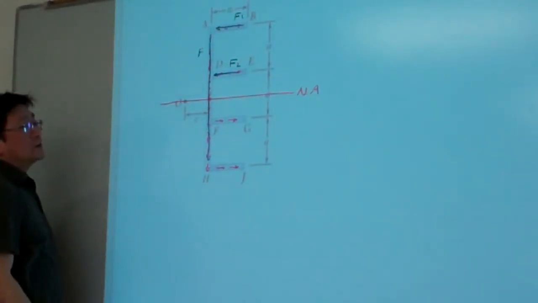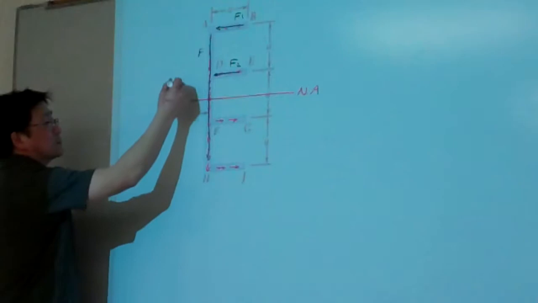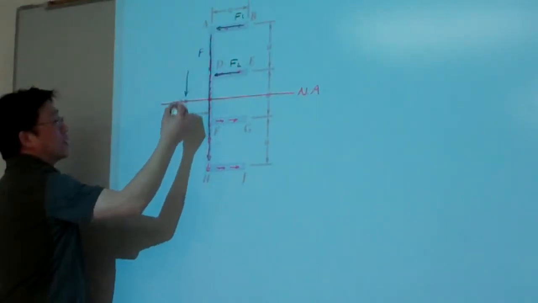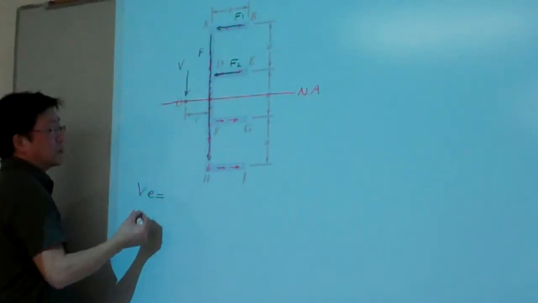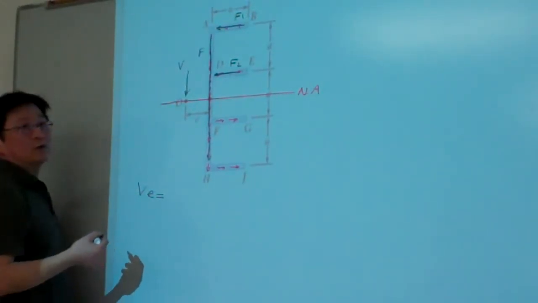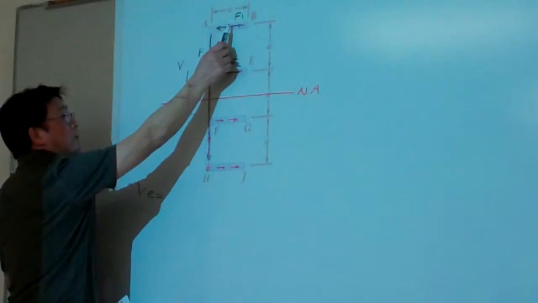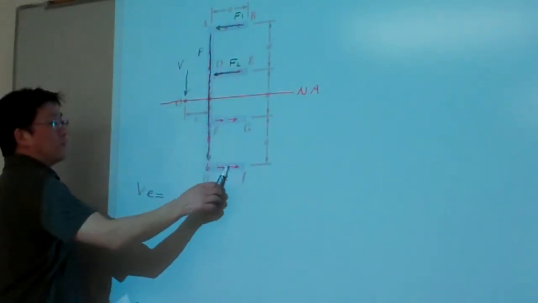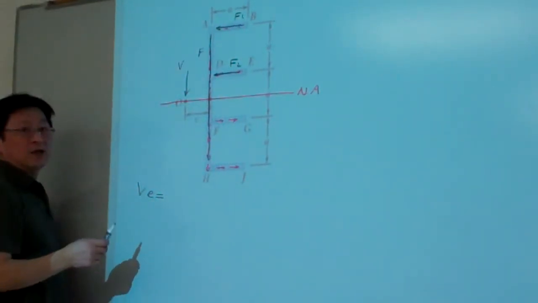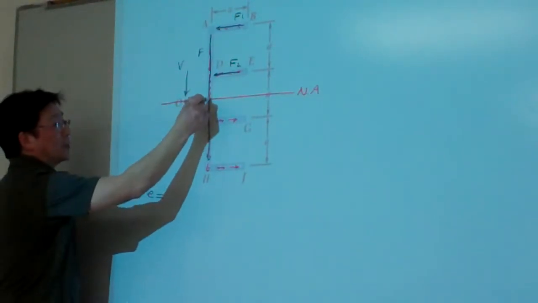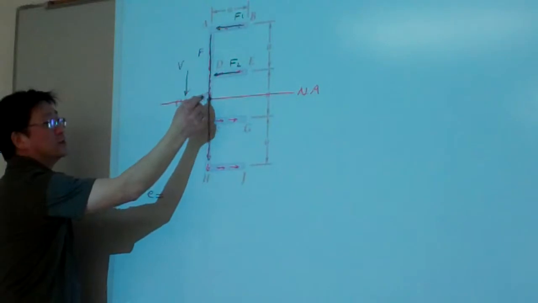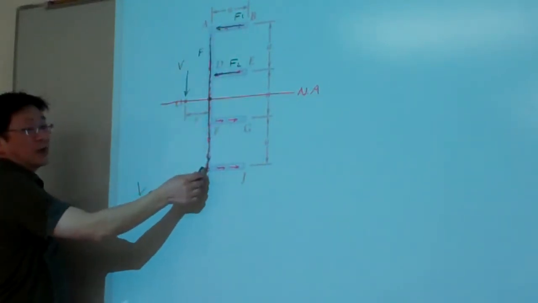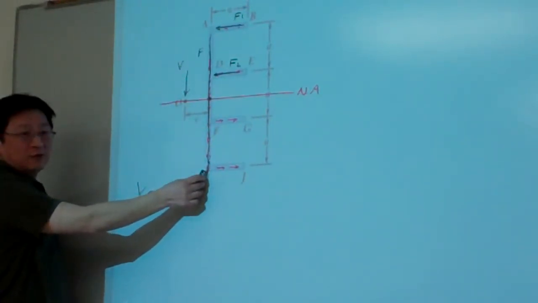The whole thing must be in equilibrium, such that if we have the transverse loading here, then V times e must in magnitude equal the contributions of the five pieces of forces about bending, say about this point. If we take moments about this point, then this contribution becomes 0, so we can reduce our calculation.